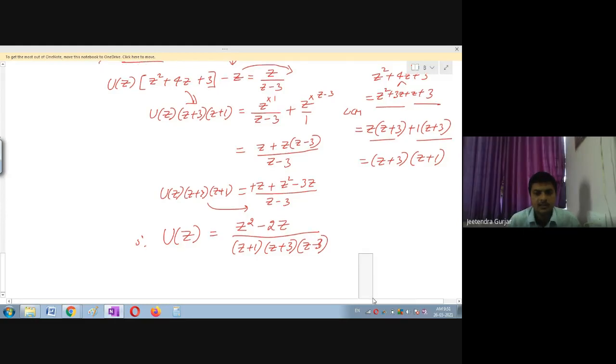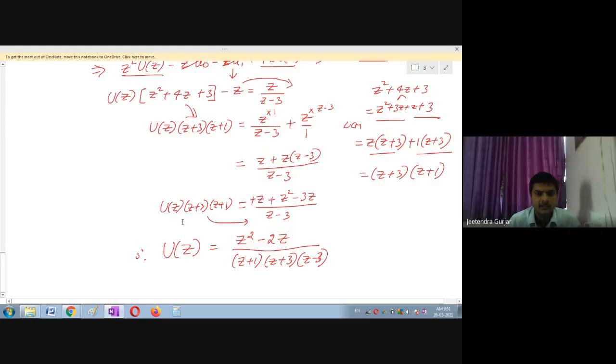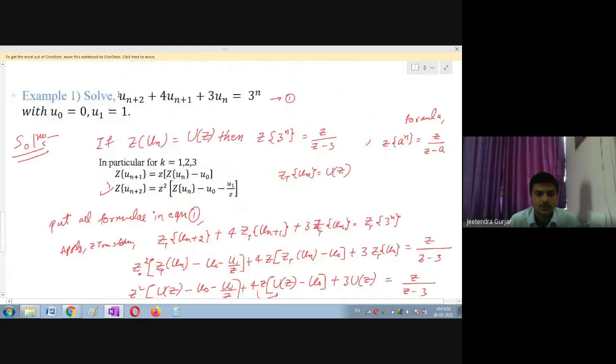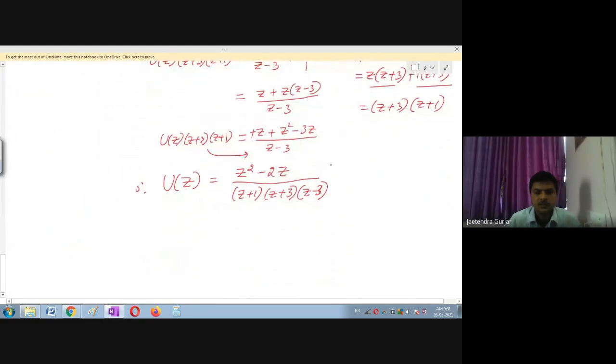So like this we have simplified this type of example, but you have to obtain this u of Z using this differential equation, students. Now you can see this is our equation 1. This is a very, very important step.